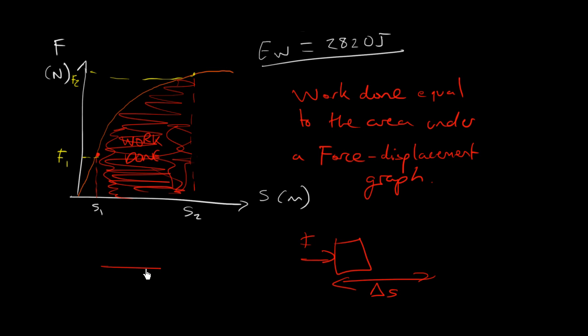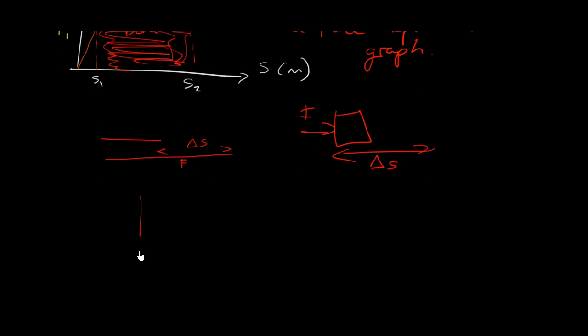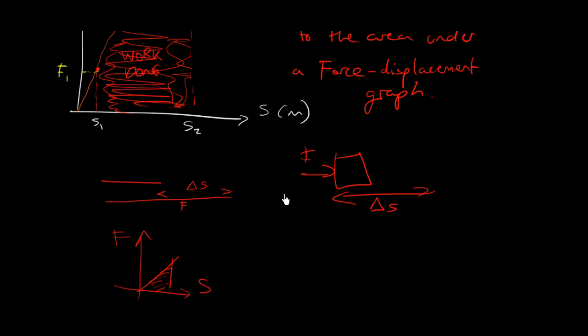Or it could be just a material that we're stretching, and that's the original length, and then we stretch it this much, and this is the displacement away from its natural length, and this is the force that we're putting onto it. Then the area under the graph would also give us the work done. And in this case, if it's a Hooke material, it would be a straight line, and then we could calculate this area, and we'll talk about that a little bit later, but we can use it for that circumstance also.